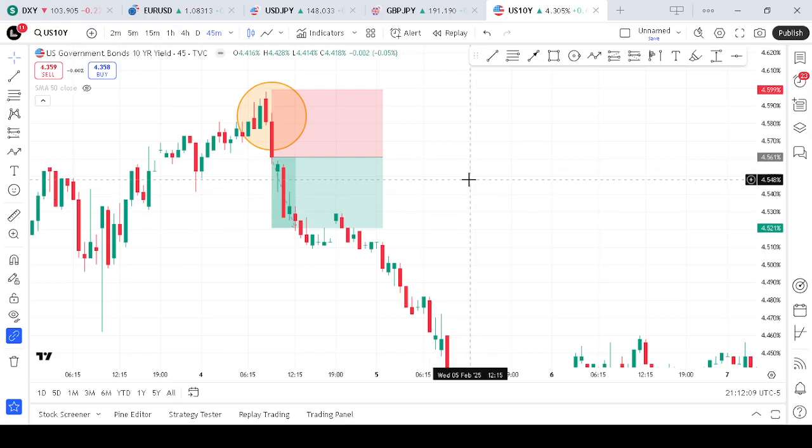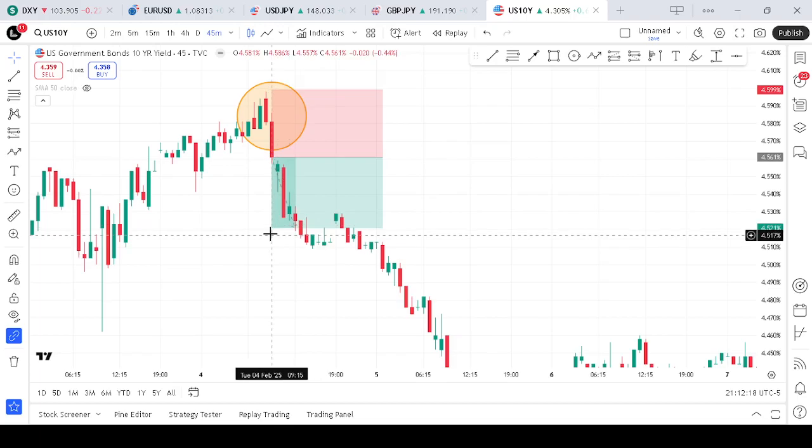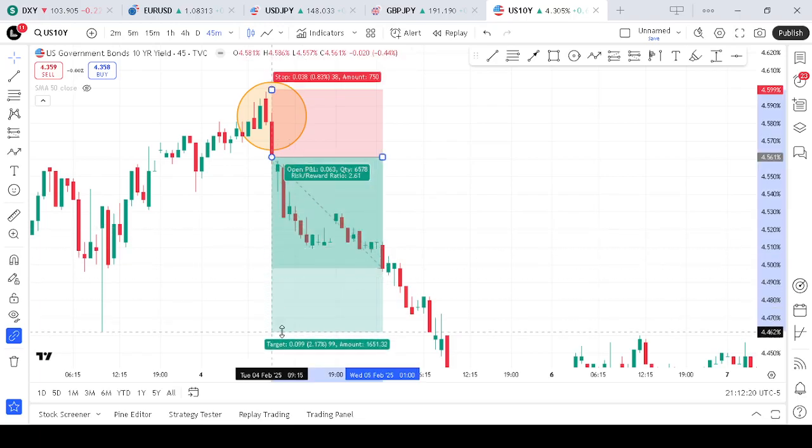To take profit, you have two strategic options. The first target should be set at a previous swing low. The previous swing low should be the first TP area, which often provides a reliable profit taking level.